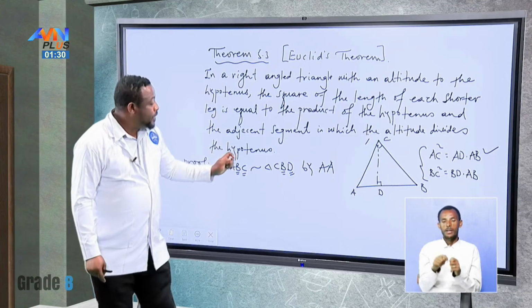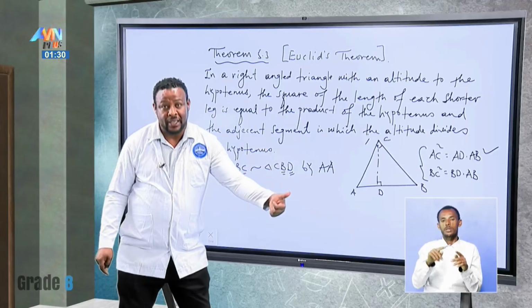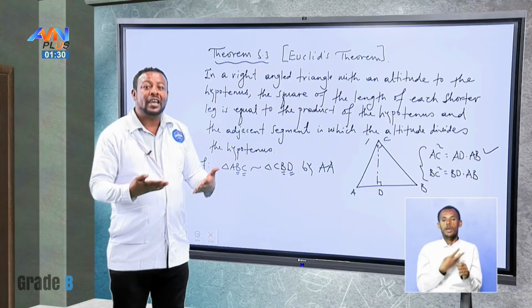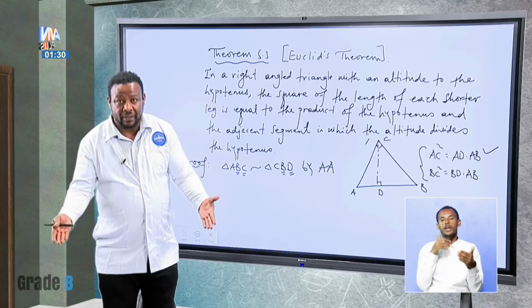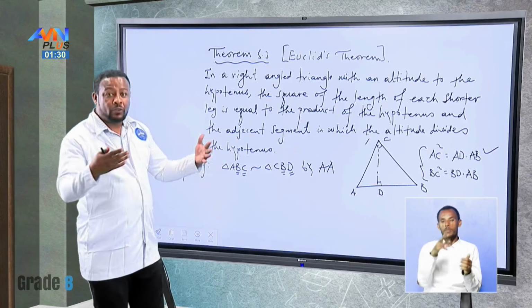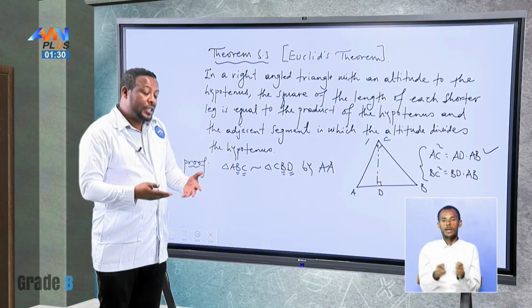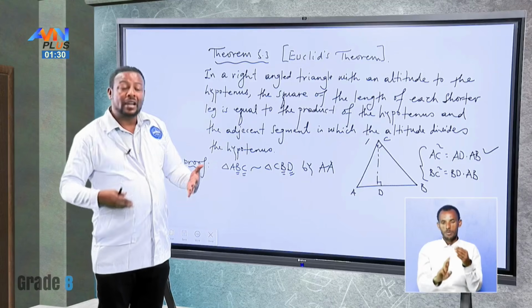This is the first thing you need to extract from this triangle. By similarity of these two triangles, we can take the ratios of the pairs of corresponding sides as congruent, because if two triangles are similar, the ratios of the pairs of corresponding sides are congruent.